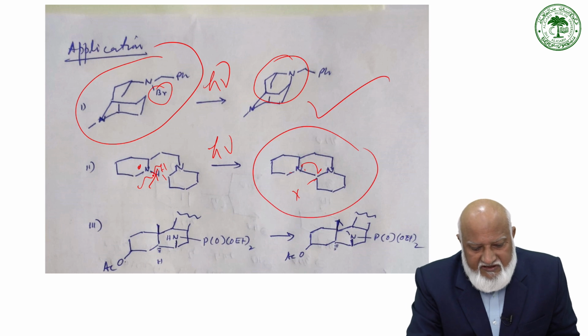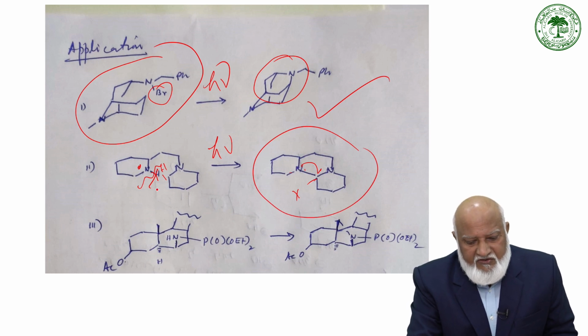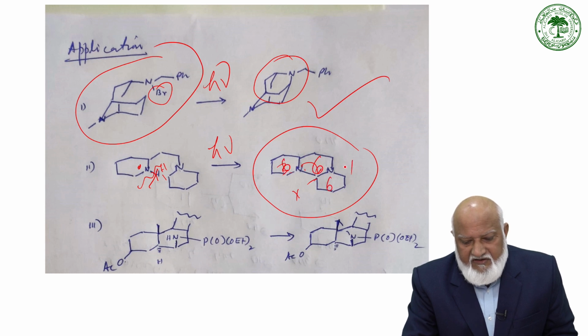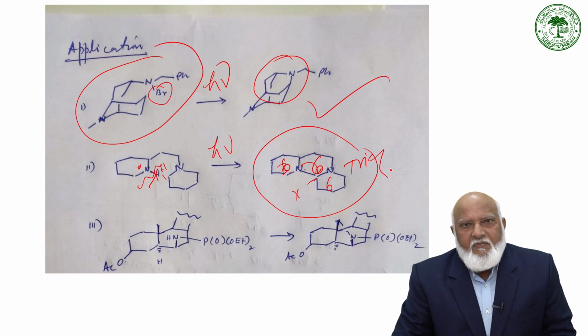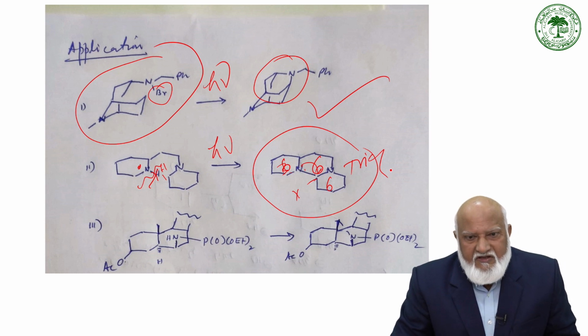So we can see that the open chain with two piperidine rings can lead to a tricyclic ring system. So it is a very important named reaction, where properly substituted N-halogenated amines can lead to cyclic systems.